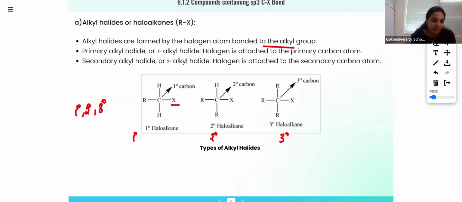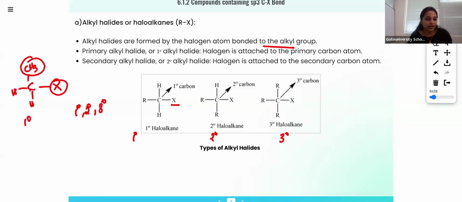Now one example. Suppose CH3 is here and this is one halogen. The halogen is always connected to one carbon. Then we have to check how many carbon atoms are attached to that carbon. Here you can see the halogen-containing carbon is connected to only one carbon, so this compound is called a primary haloalkane.